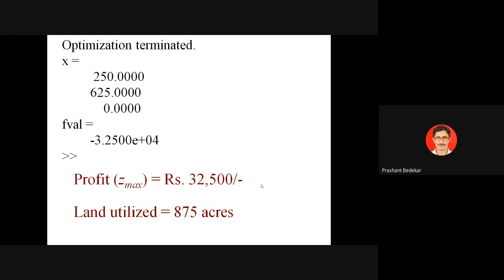As I said, x is an output vector which contains the values of design variables. At present, it is containing 3 values because there are 3 design variables: x1, x2, x3. So what the solution is suggesting is that I should allocate 250 acres for corn, 625 acres for wheat, and I should not allocate any land for soya beans.